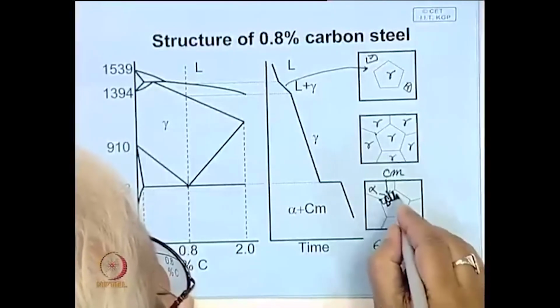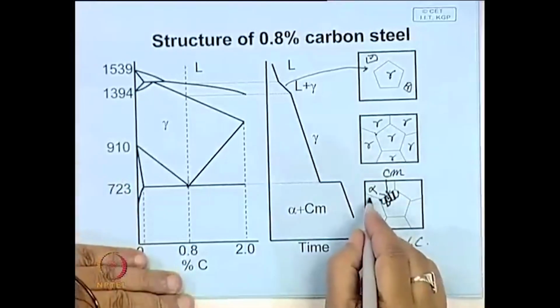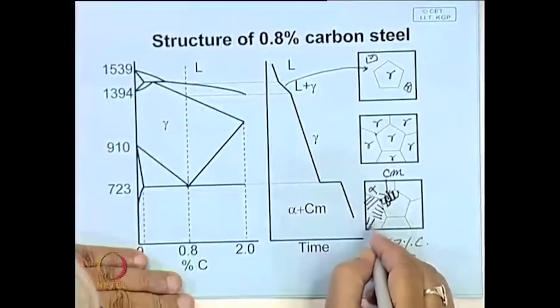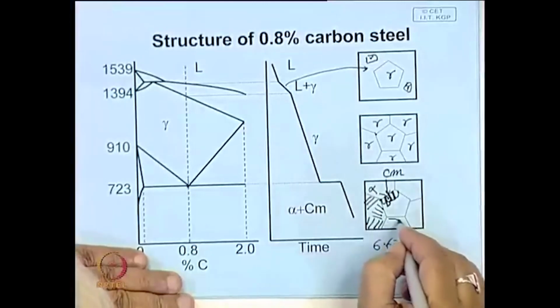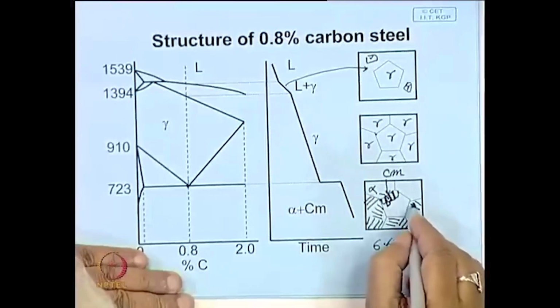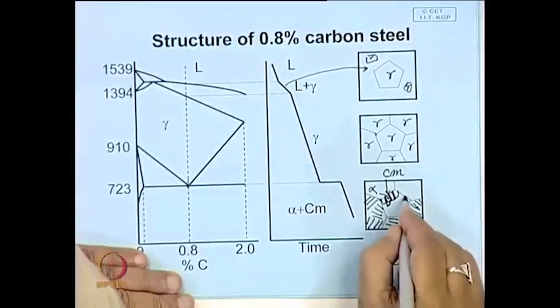This is the way the process will continue, and ultimately the entire area gets converted into this type of lamellar eutectoid structure.